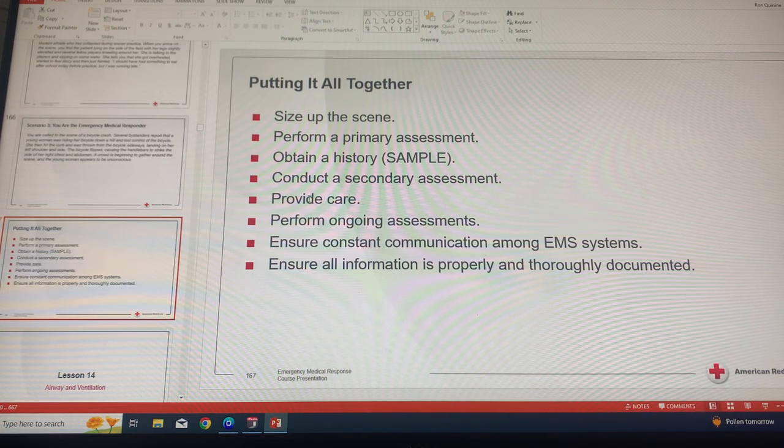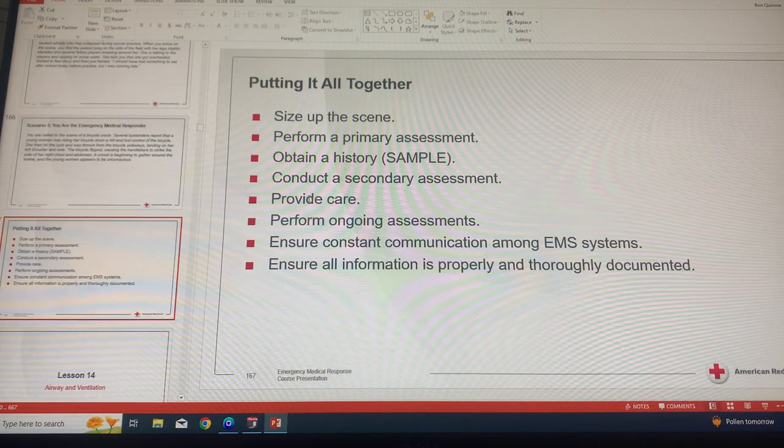Next is performing a primary assessment. In the primary assessment, we're checking for responsiveness. If someone is not responsive, obviously we're going to contact more advanced medical personnel first.